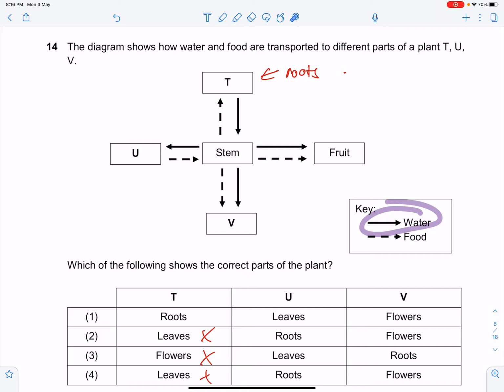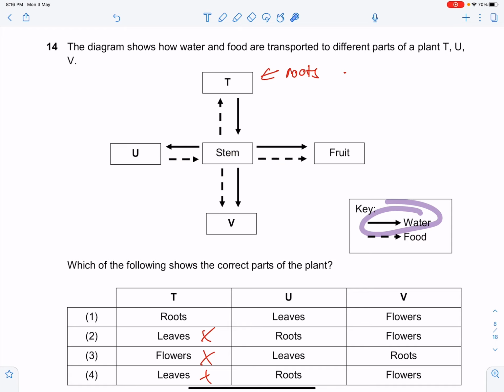So obviously in the leaves, you don't really have food going to the leaves unless the plant is starving. Then only then would the starch in your storage root start to be broken back down into glucose and sucrose, just simpler sugars, to be transported to your leaves. But other than that, your leaves will be producing the sugars and transporting them everywhere else.